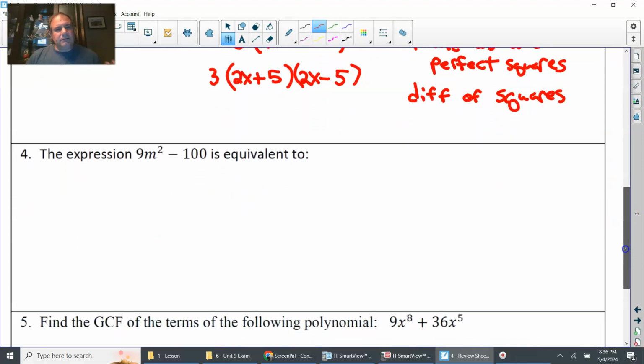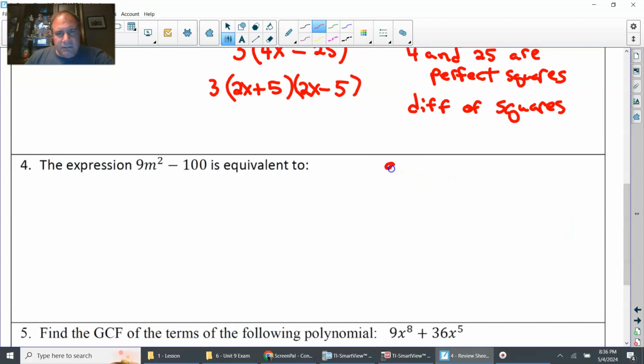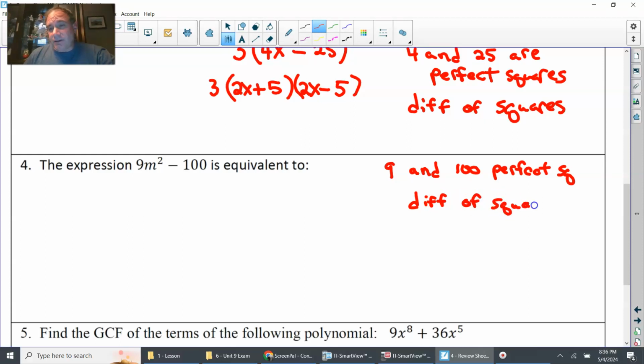And again, I'm looking for the greatest common factor first. But the 9 and the 100, they're perfect squares. If they are perfect squares, you have the difference of squares, if there's a subtraction sign in the middle, and there is.